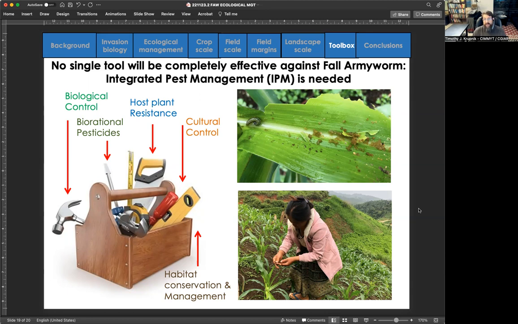We really need to integrate the best principles from agroecological management around biological pest control, the use of biorational pesticides when and where they might be needed, and particular efforts on host plant resistance, where currently there are considerable efforts around conventional breeding programs to improve the resistance and tolerance of maize to fall armyworm. Cultural control and habitat management has been a big part of what I've talked about in this presentation and will remain an important strategy for the management of fall armyworm.